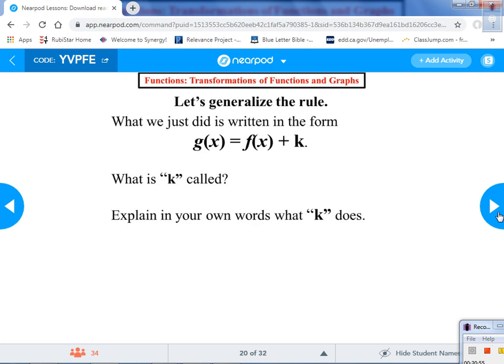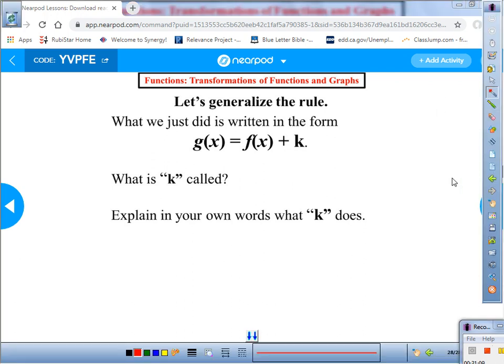All right. Now, there's a general rule of what we just did. Write that down: g of x equals f of x plus k. Question and hint. In the objective, I said that whatever we did to the function was called something.